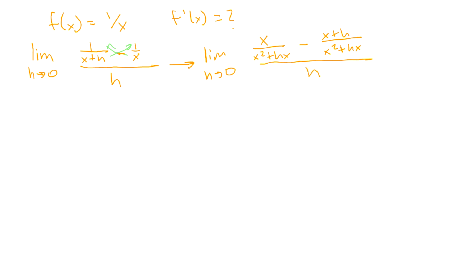So we can combine this one more time, giving us x minus x plus h all over x squared plus hx, all over h. So now let's look at this. We can actually cancel out those two x's right there.